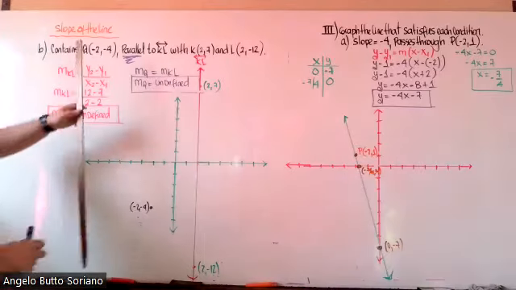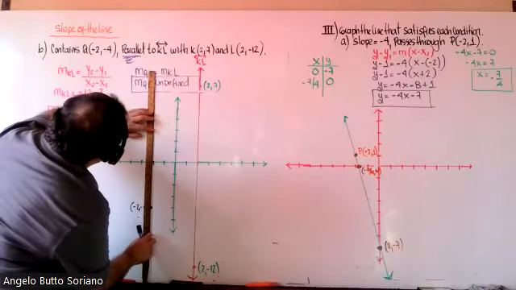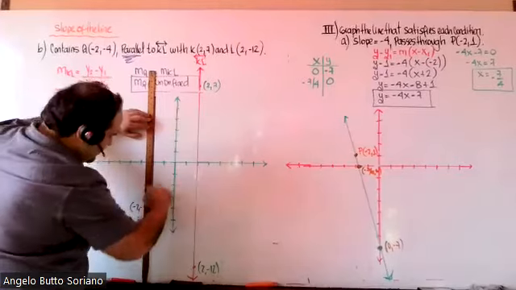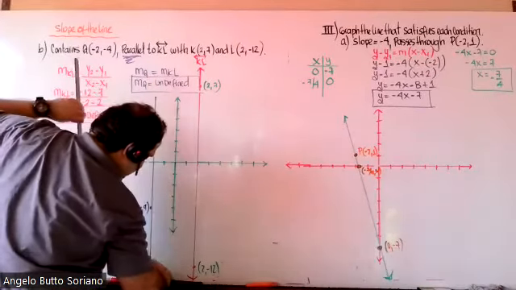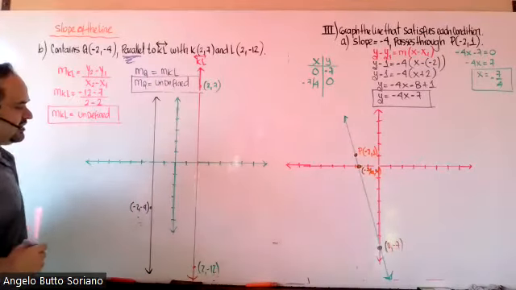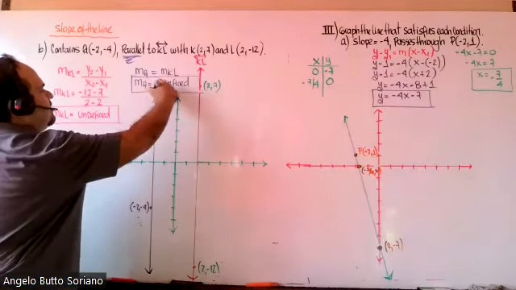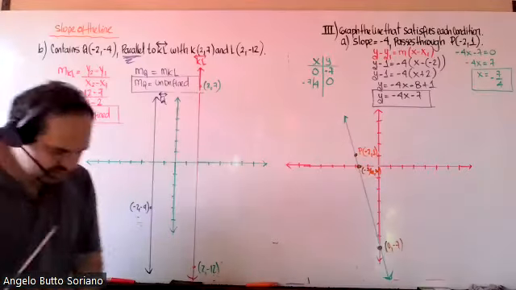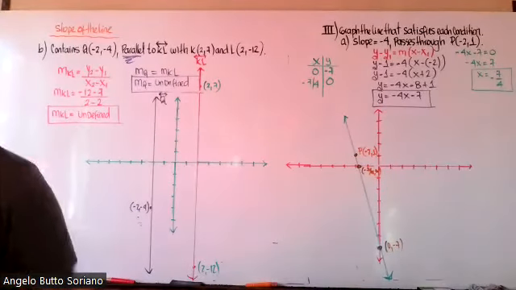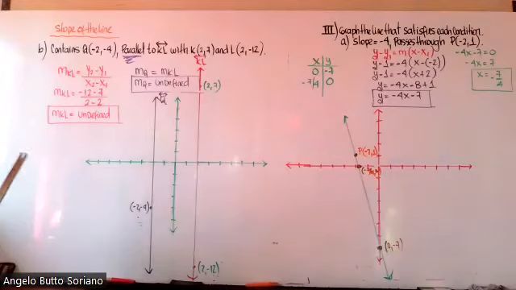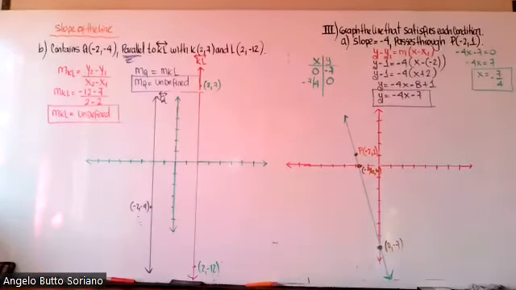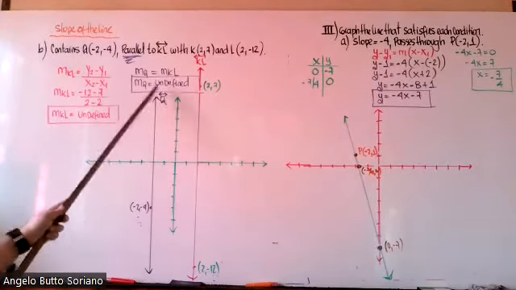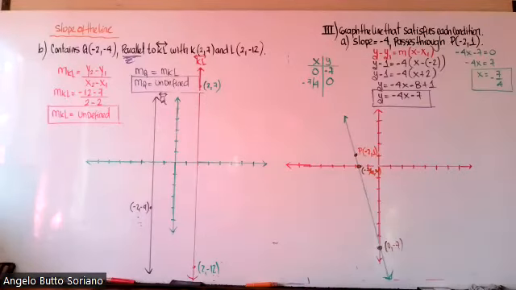And let's also draw a vertical line, because the slope is supposed to be undefined. And this is going to be the line Q. As you can see, we have two vertical parallel lines. Remember, parallel lines have the same direction and never touch each other. Okay, understood?